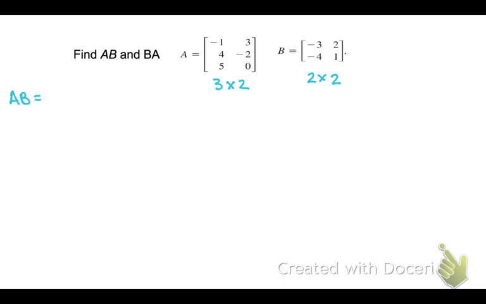So it says to take A times B. So A is 3 by 2, and B is 2 by 2. So I always circle these two middle and put an equal. Is that true? Yes. So my answer is going to be a 3 by 2 when I am done.